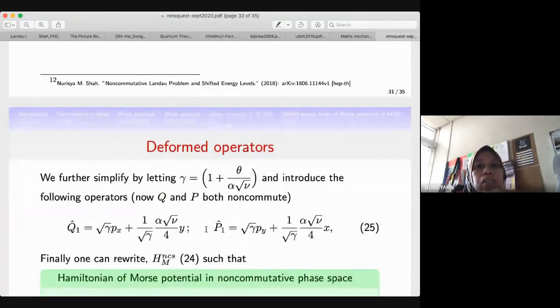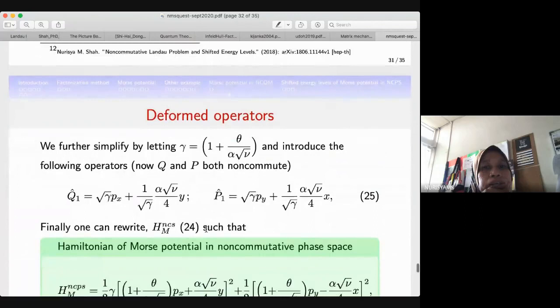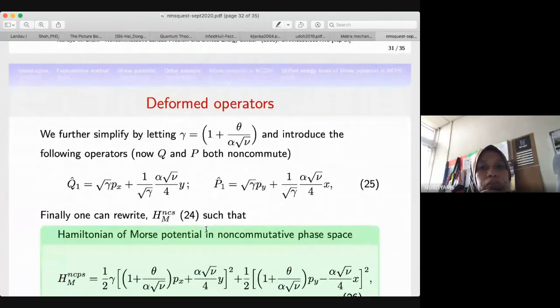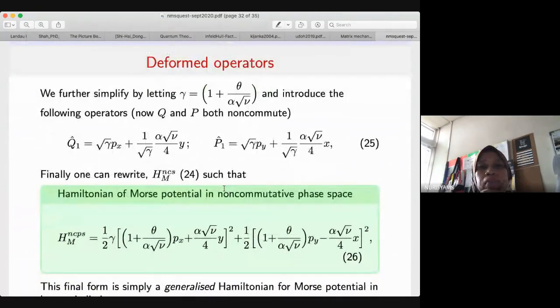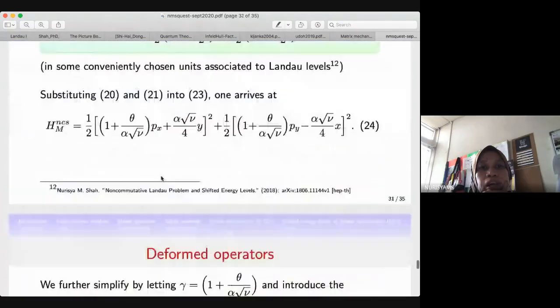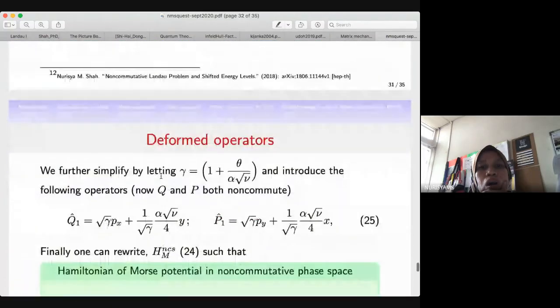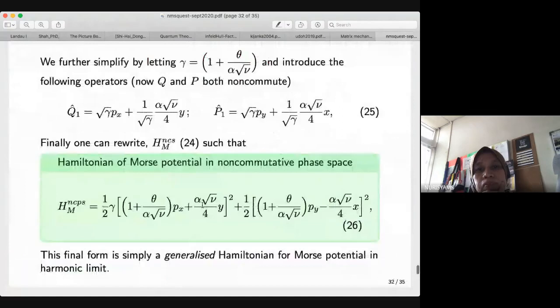Now we are looking at both Q and P non-commuting. So Q1 is like that, and your P1 is the following, and then you can rewrite your previous Hamiltonian in 24 such that you have it in terms of 26.